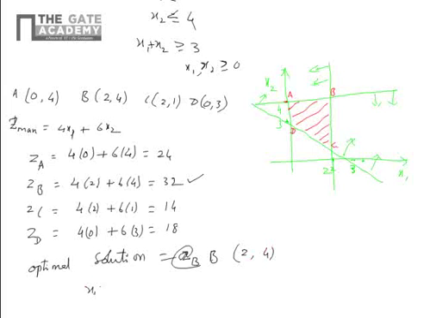So x1 equal to 2 and x2 equal to 4 is the optimal solution. The optimal value is 32. So this is a simple way to solve a linear programming problem by the graphical method.